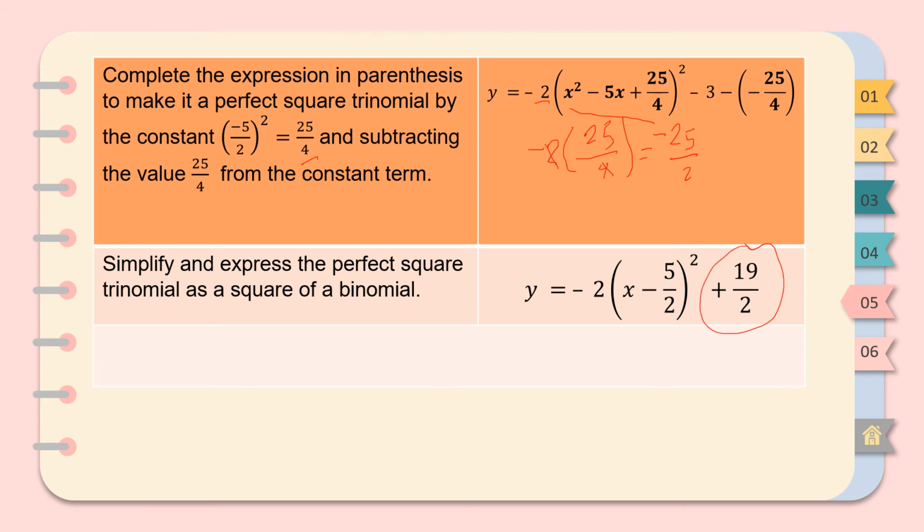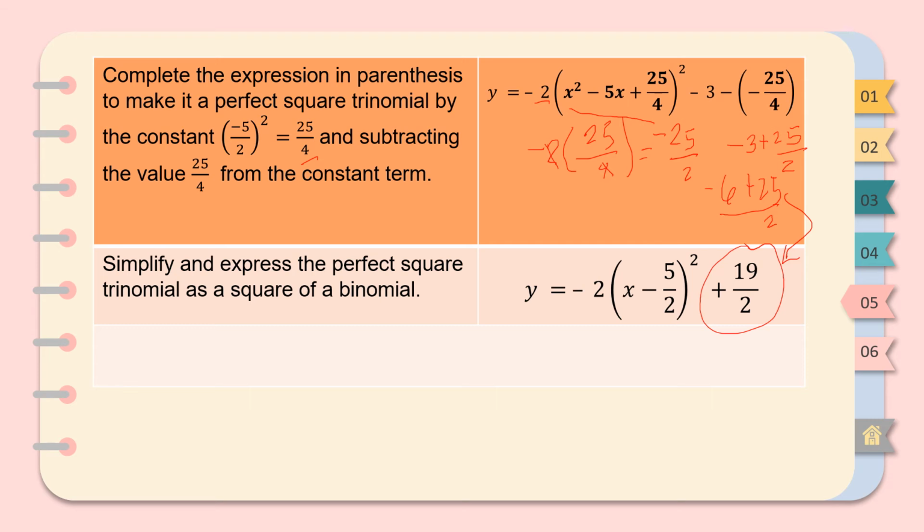Negative. So, since ito po ay negative, i-change natin yan sa positive. Magiging negative 3, positive 25 all over 2. Tapos ito, 3 times 2, that is negative 6, plus 25 divided by 2. Kaya po siya nakuhang 19 divided by 2.